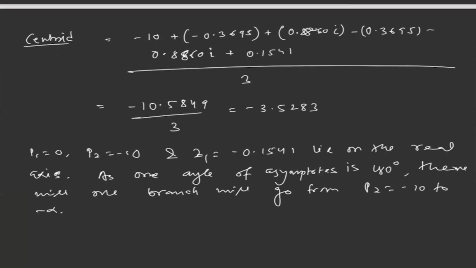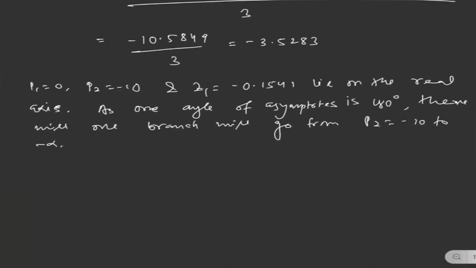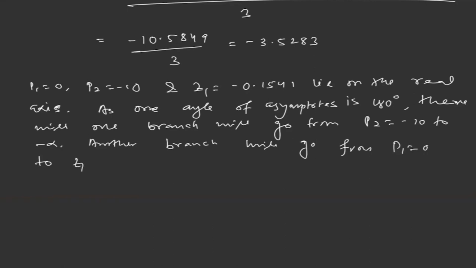It's quite obvious. And another branch will go from P1 equal to 0 to Z1 equal to minus 0.1541. So this is what will happen on the real axis.